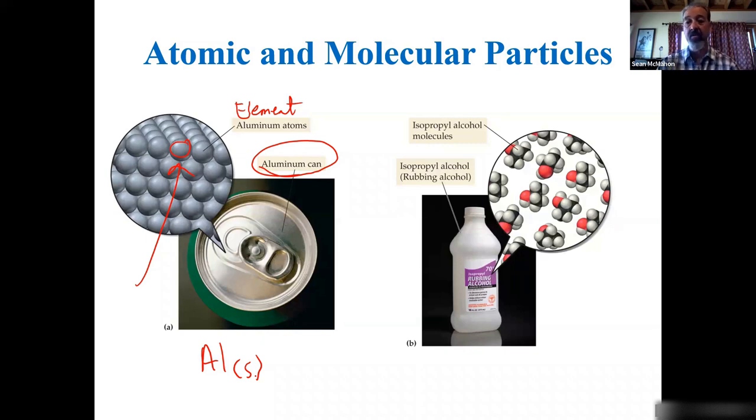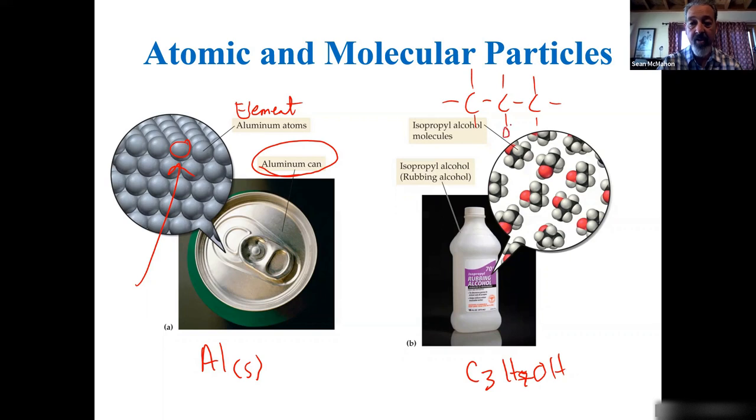Rubbing alcohol, right? If I had pure rubbing alcohol, it would be C3H7OH. Let me draw it. The reason it's C3H7OH is that this is isopropyl alcohol. There's an alcohol group in the center. That's why it's called isopropyl, like an isosceles triangle.